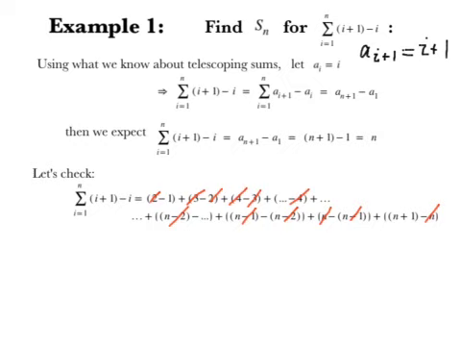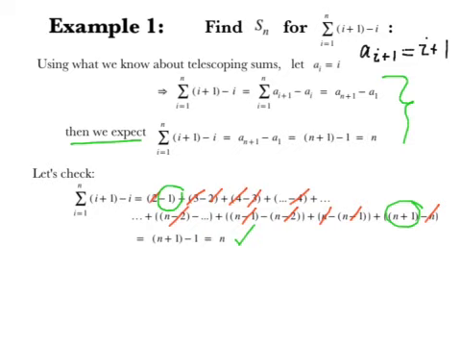And just as we expected, the only terms that we're left with are an n plus 1 and a minus 1. So obviously, again, n plus 1 minus 1 is equal to n. So what we expected, and obviously this is a much simpler way to answer the question, is correct.